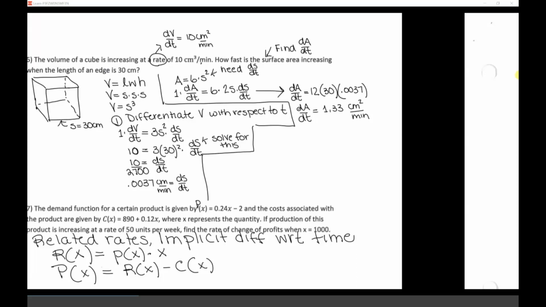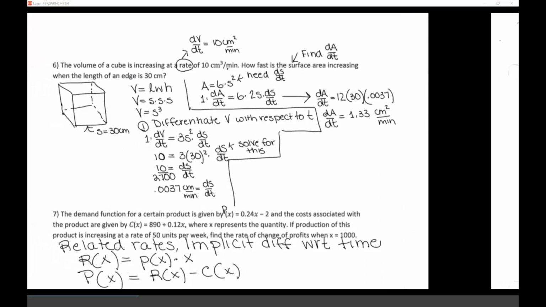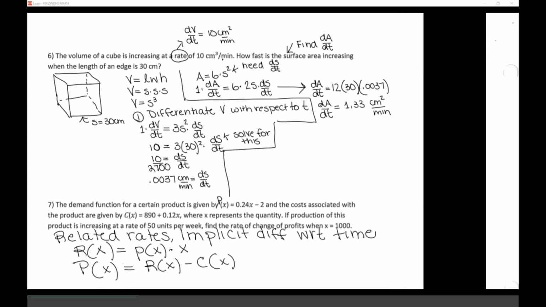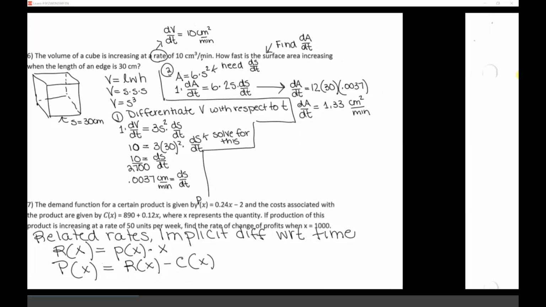This was, I thought, a little more complicated because it's in 2 steps, so I wanted to make sure you saw it. Any questions on number 6? Questions on 6?